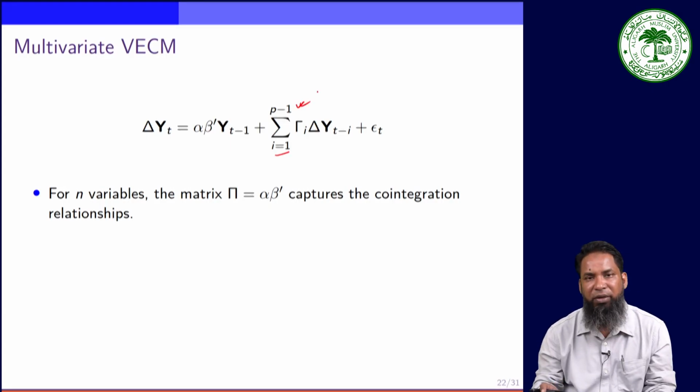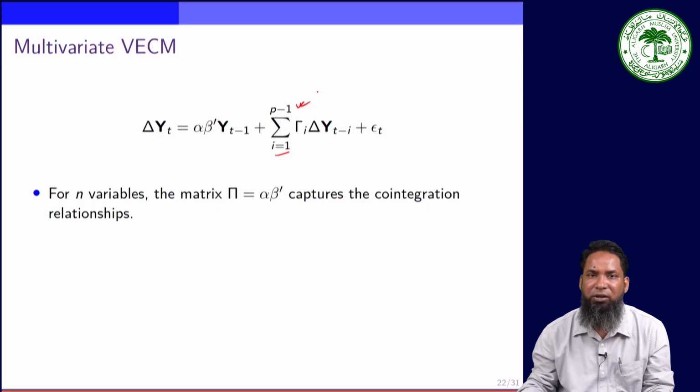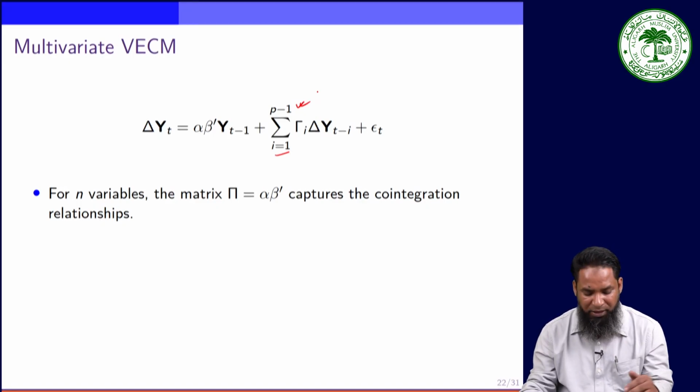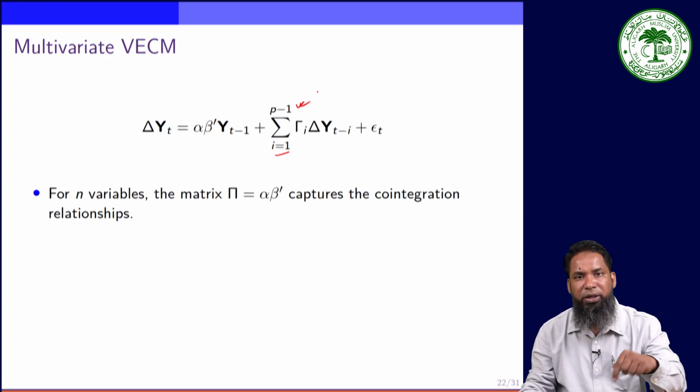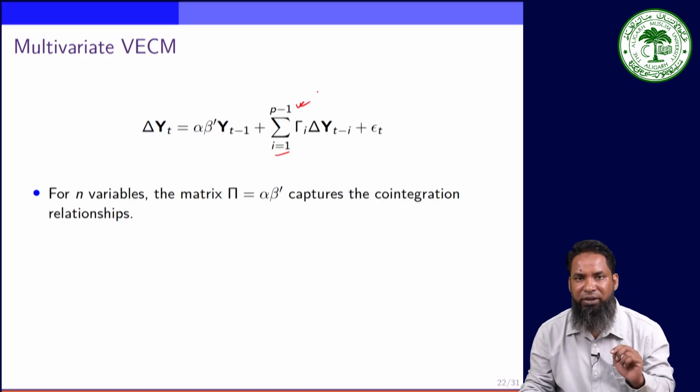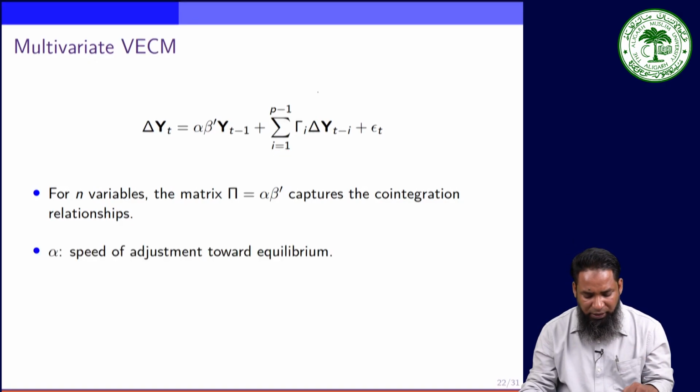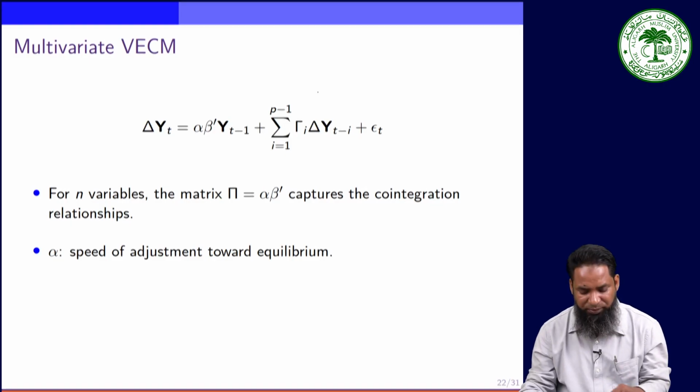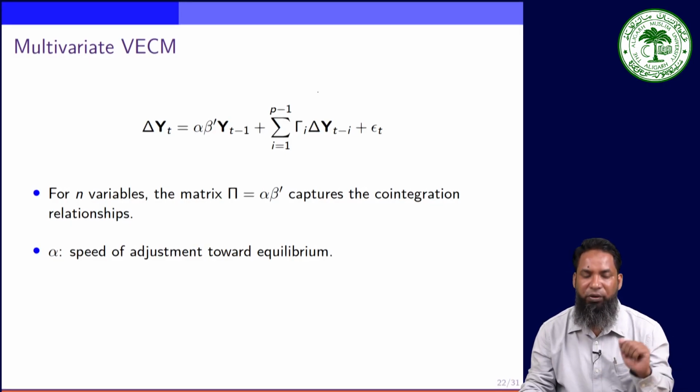So for the multivariate case, we can represent the vector error correction model like this. Here the matrix pi, which is alpha beta prime, captures the cointegrating relationship, as we have seen in the bivariate case, and alpha is the speed of adjustment towards the equilibrium.